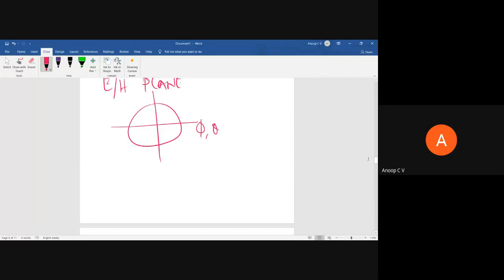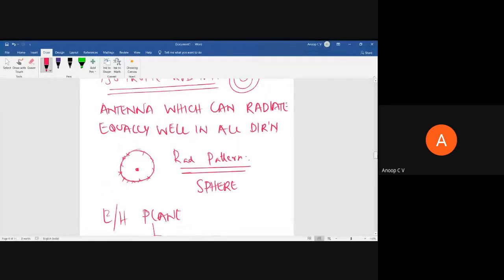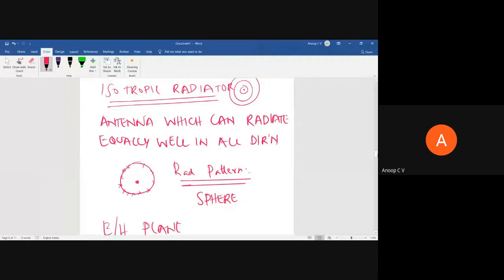So this is an isotropic radiator, but this is an ideal case. It is fictitious. In practice, we cannot have an isotropic radiator. The most easily realizable antenna is a Hertzian dipole or a half-wave dipole, and it is not isotropic.